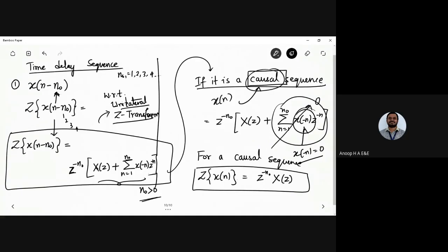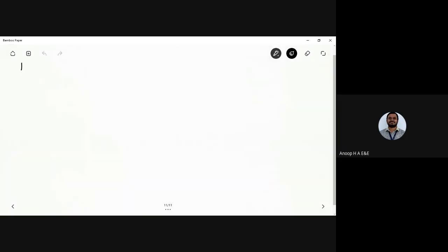So this is how I can understand the delay sequence. Let me give n naught values of 1, 2, 3 and 4.